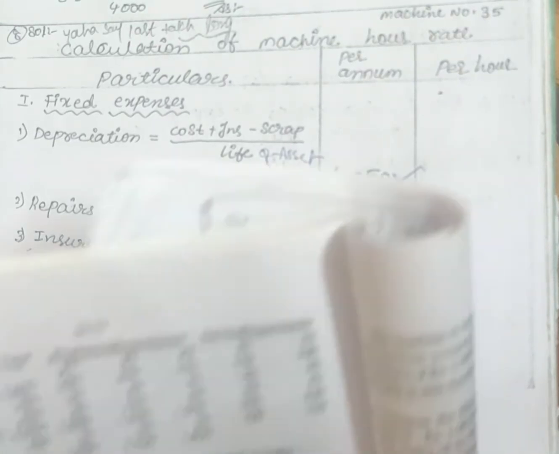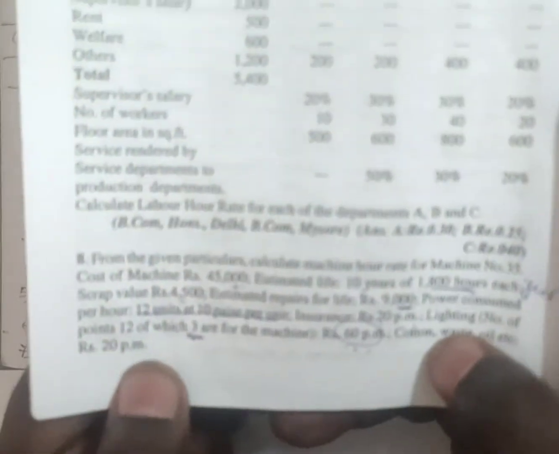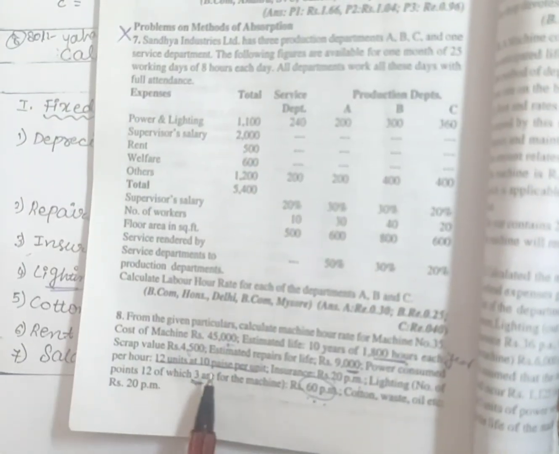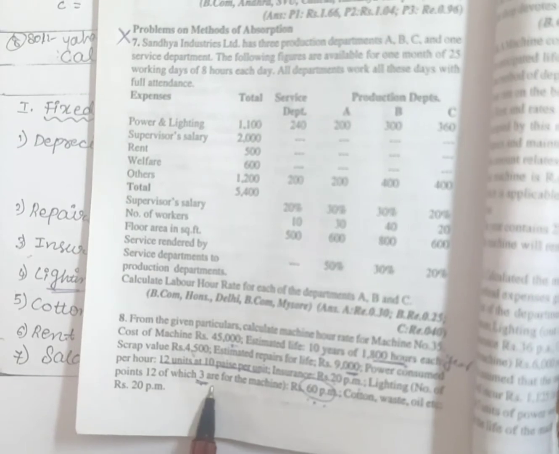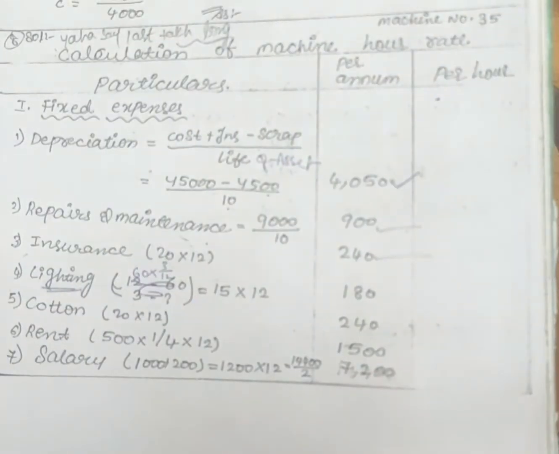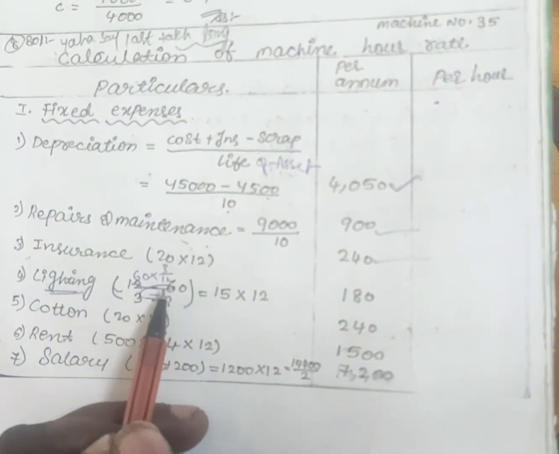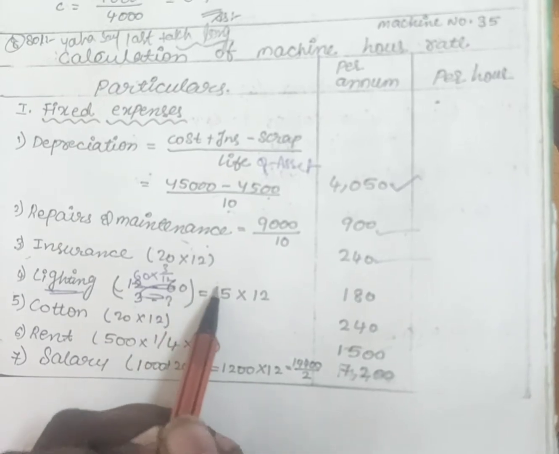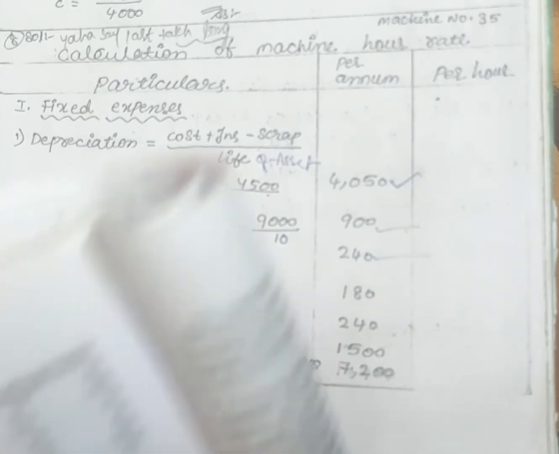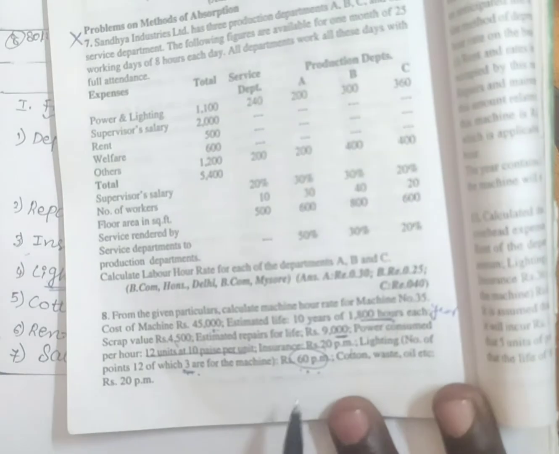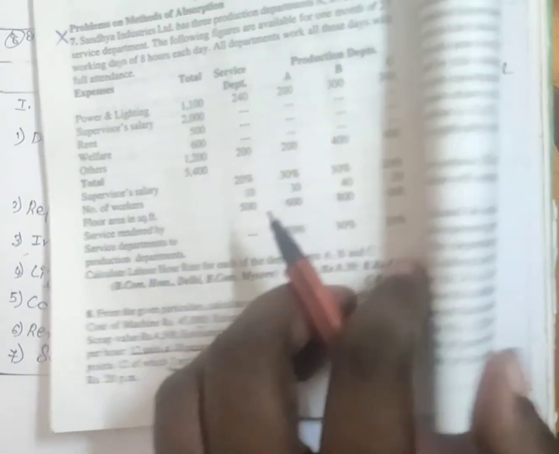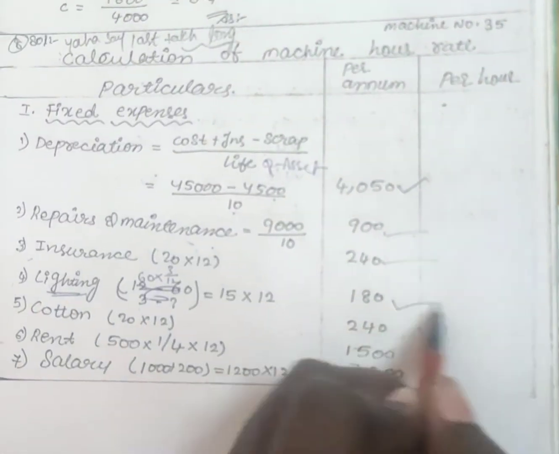Because a total of 12 points were there, and in that only 3 points were used by the machinery. So 60 into 3 by 12 is 15 rupees per month. Into 12, it will be 180 per annum.